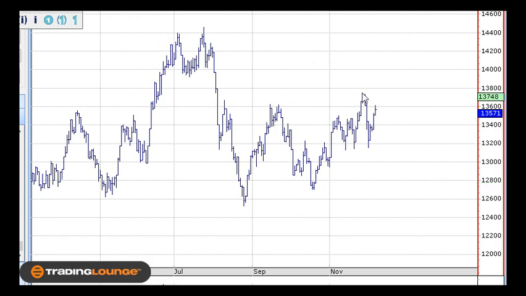So we've got this impulse wave here. It's possible that we've got this up as 1, then an A and a B and a C wave for wave 2, and then up higher from that point. But the flip side to this that we need to be mindful of is that the 5 waves here can just be the A wave, and then an A and a B and a C wave here, and then down for 1 and back for 2, and then moving down lower in here, another whole 5 waves.